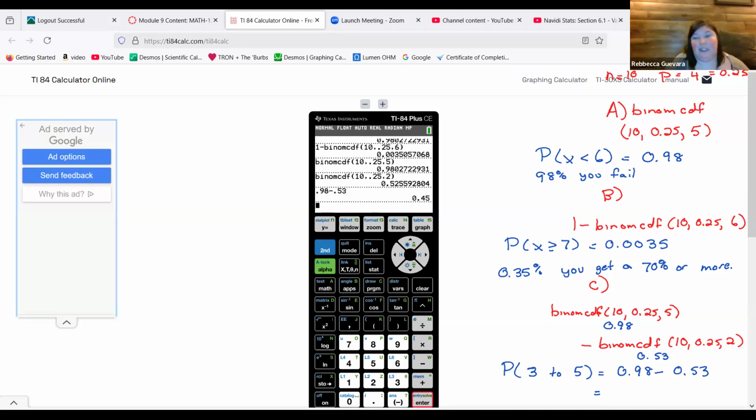So the actual probability of getting between 3 and 5 questions correct randomly is about 45%. So there's a 45% chance that by random guessing, I'd get somewhere between 3 and 5 questions correct.